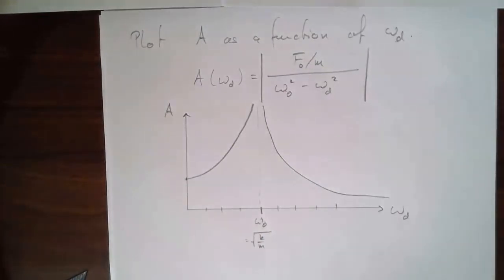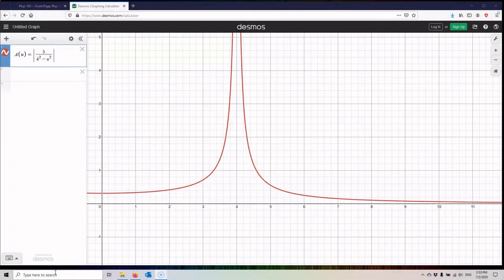All right, let me actually show this to you on a graphing calculator so you can see it drawn more accurately than I was able to draw it here. So here we are, back on the Desmos calculator, and I've entered a function that is essentially the function we had. Of course, I had to pick some numerical values.